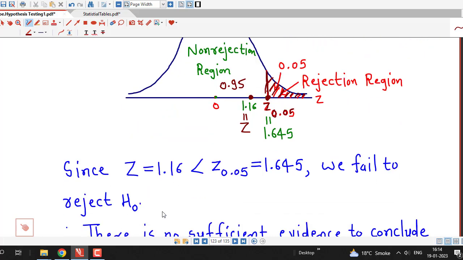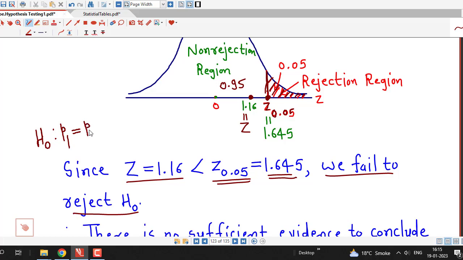So we can write that z equals 1.16 is less than z suffix 0.05, that is 1.645. Therefore we fail to reject the null hypothesis. And what is the null hypothesis? The null hypothesis says that the proportion of defective units for both the factories is the same. So we fail to reject this null hypothesis.